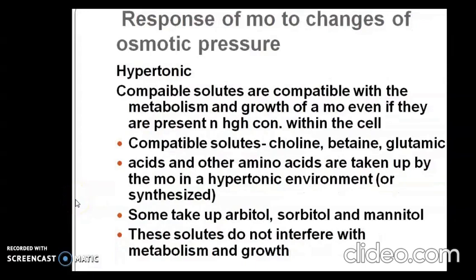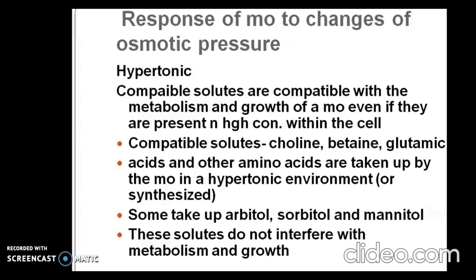Now, when the microorganisms are placed in a hypertonic environment, it will result in shrinkage of the plasma membrane or plasmolysis. In order to avoid that, many microorganisms make use of compatible solutes, which help to keep the osmotic concentration of their protoplasm slightly above that of their surrounding.